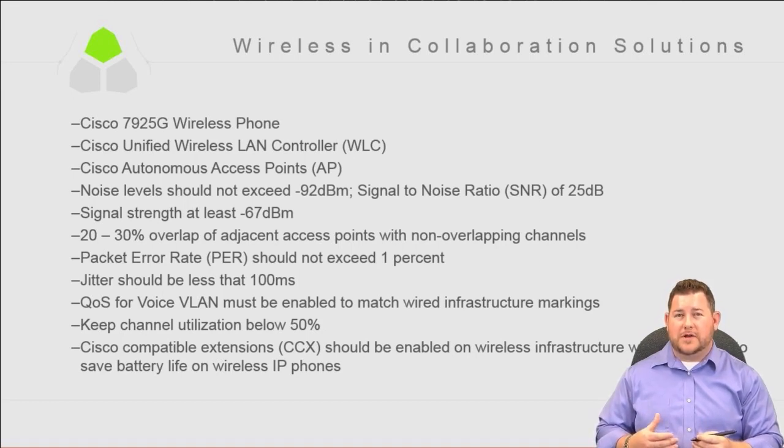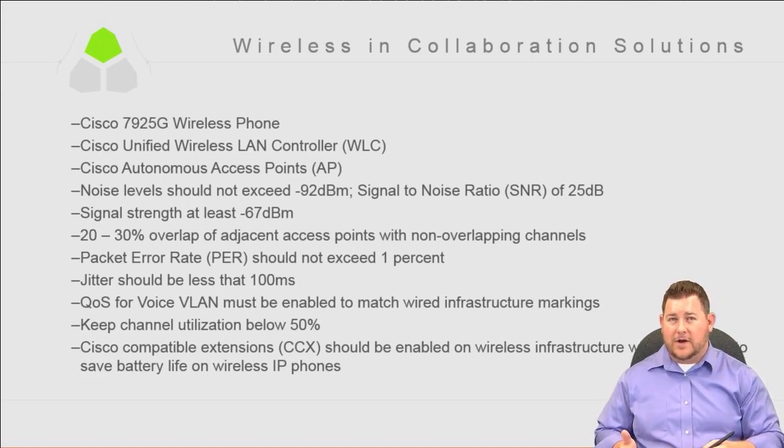So if you are using AF41 for your voice on your wireless network, then those aren't going to match. By the time it gets back to the wired network, the traffic won't be prioritized appropriately. So it's important to always match those settings up. If you have EF in your wired network, run EF in your wireless network. Just match those settings up and make your life a lot easier.